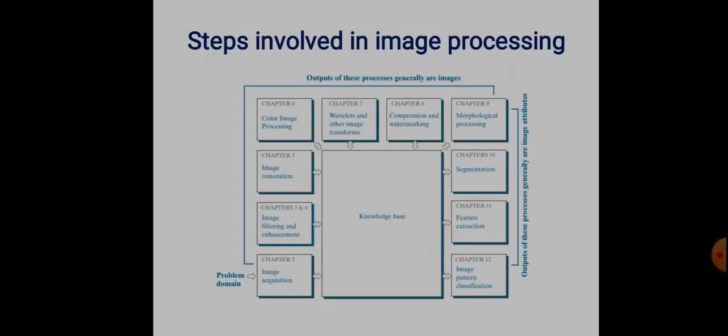Next, the last one is image pattern classification. Then we have to classify whether it is normal or abnormal. Just consider any one disease condition. For example, in COVID-19, by taking a CT or X-ray we can get information on whether the person is affected by COVID-19 or not, by taking an image of the lung.